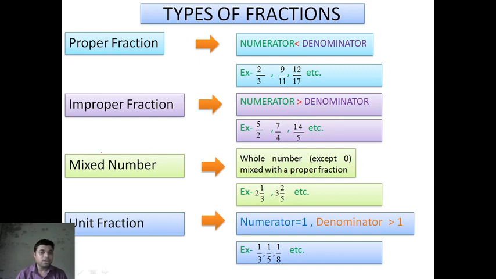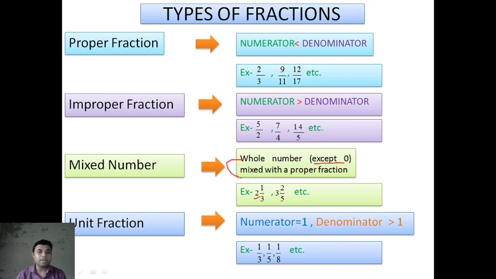Very good. Next, mixed number. What is a mixed number? A whole number except 0, mixed with a proper fraction. Look, 2 whole 1/3, 3 whole 2/5. In 2 whole 1/3, what is the whole number? 2 is the whole number.